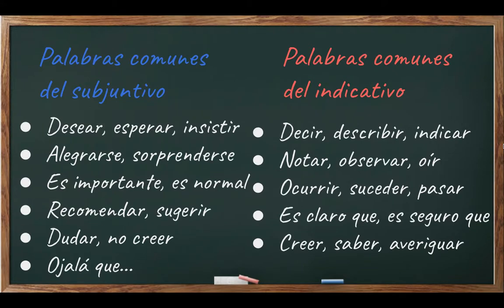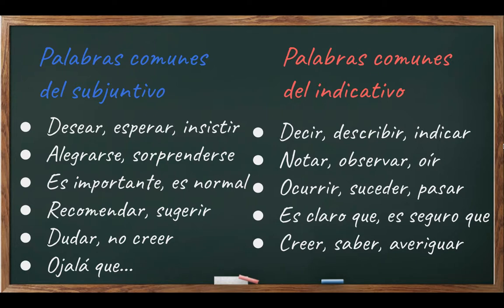Okay, last note. So aside from those 3 rules, these are some other triggers for either the subjunctive or the indicative. Whenever you see words like this, that is a pretty good sign that you're going to use the subjunctive. Desear, esperar, insistir, alegrarse, sorprenderse. So think back to the weirdo chart that we have.